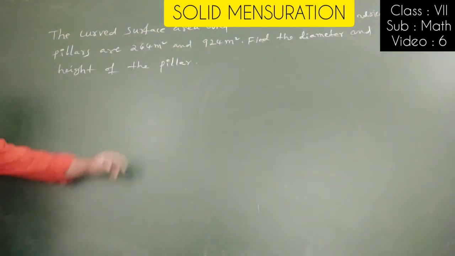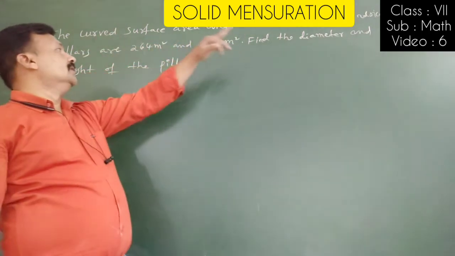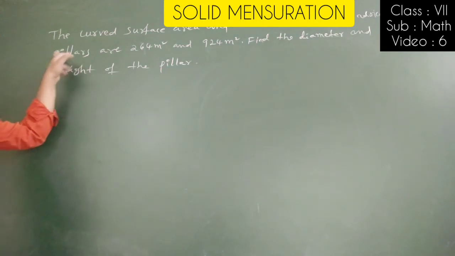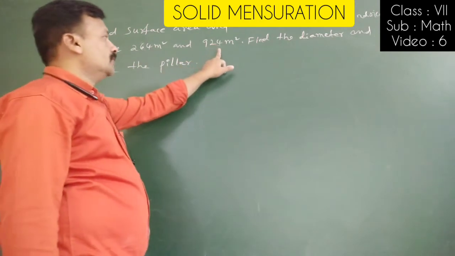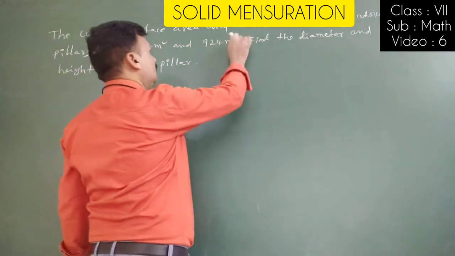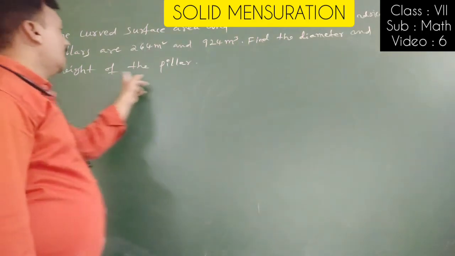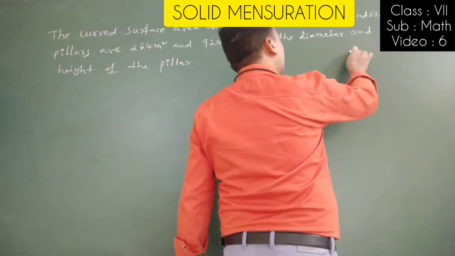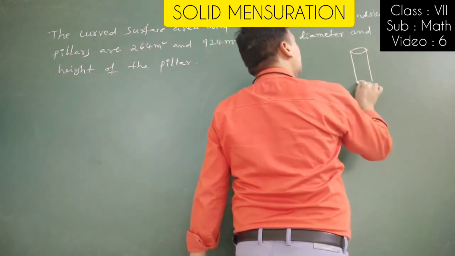See here, the curved surface area and the volume of a cylindrical pillar are 264 meter square and 924 meter cube. Now we need to find the diameter, that is, first find the radius, then double it, and also the height of the pillar. Now the pillar is in the shape of a cylinder.